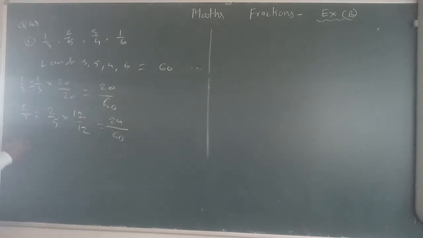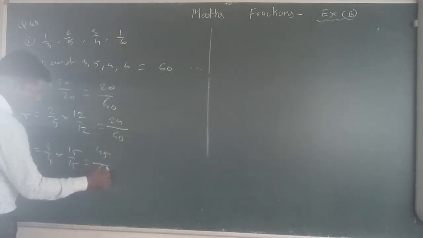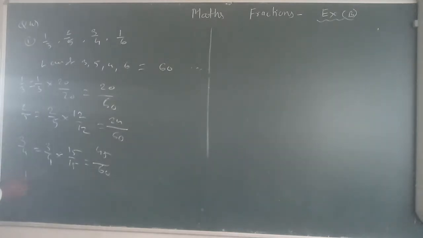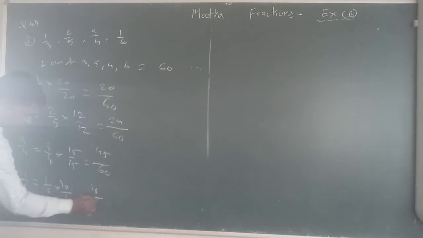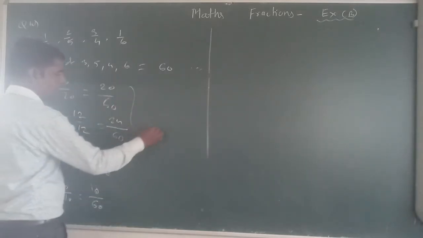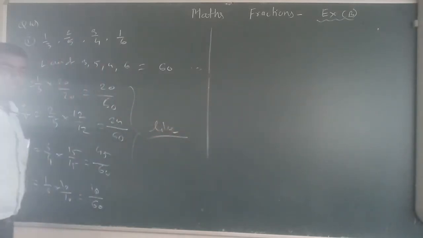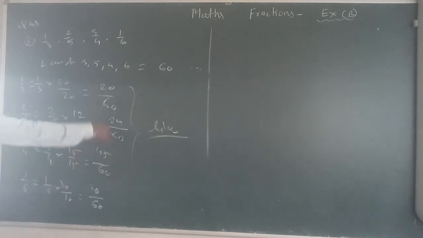Next, 3 upon 4 should be multiplied by 15 upon 15, so it will be 45 upon 60. Next, 1 upon 6 should be multiplied by 10 upon 10, which will be 10 upon 60. So we have converted them into like fractions. That means the denominators are equal.